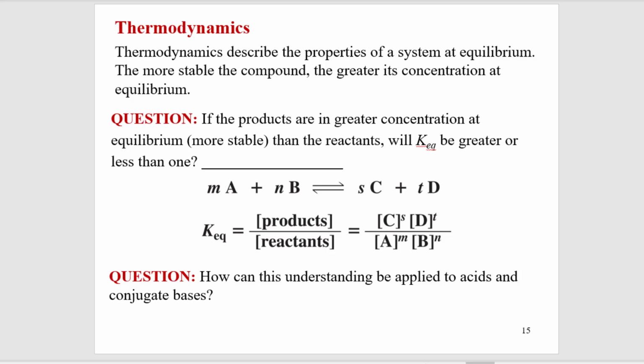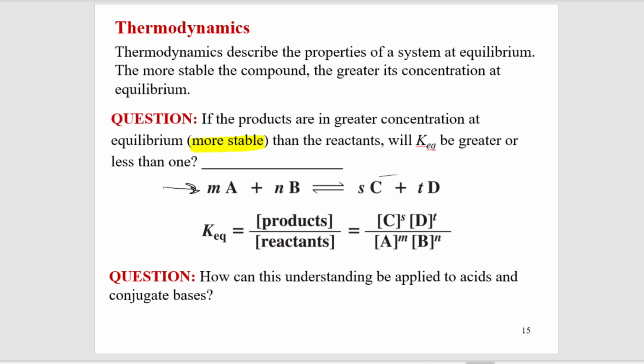Remember, if the products are in greater concentration at equilibrium, meaning the products are favored, they're more stable than the reactants, let's look at the equation for KEQ, right? So here is a reaction. The products are C and D.